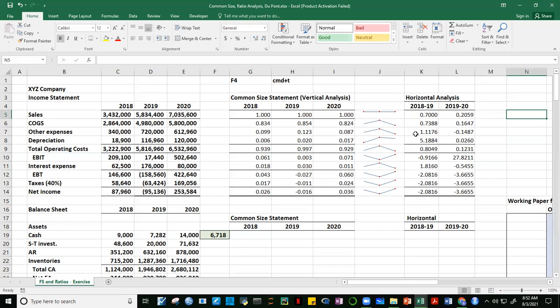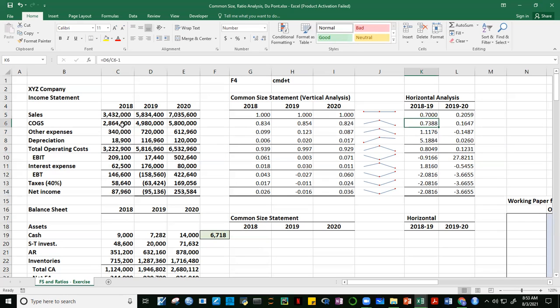Okay, ano ibig sabihin itong other expenses na to? 1.1176. Ibig sabihin, other expenses increased by 111%. If you take a look at this, 340 naging 720. So tumaas ng malaki.